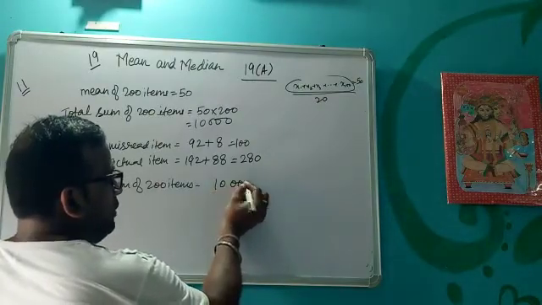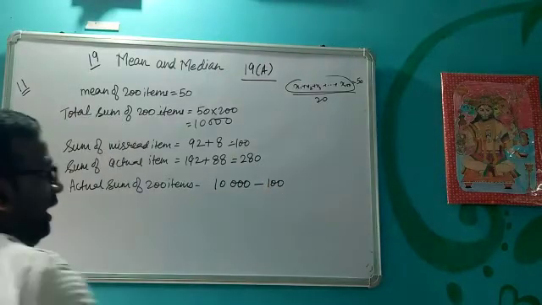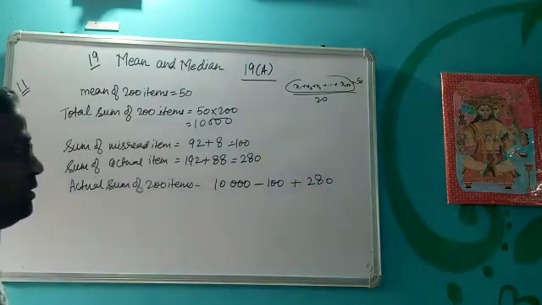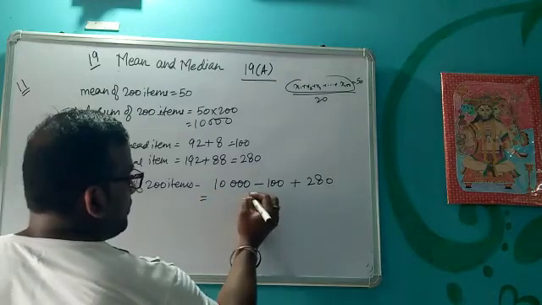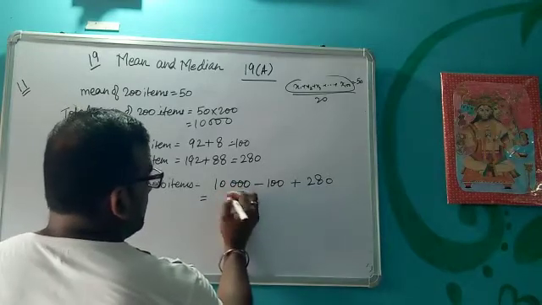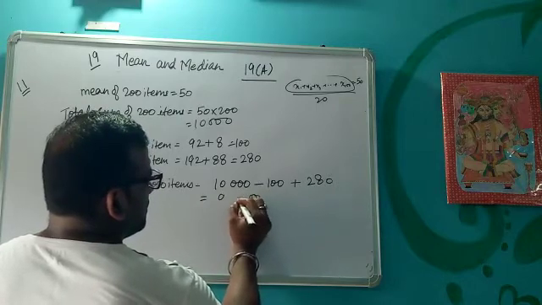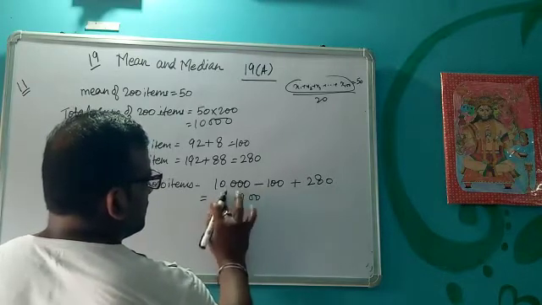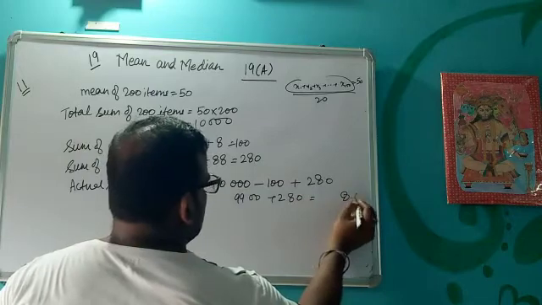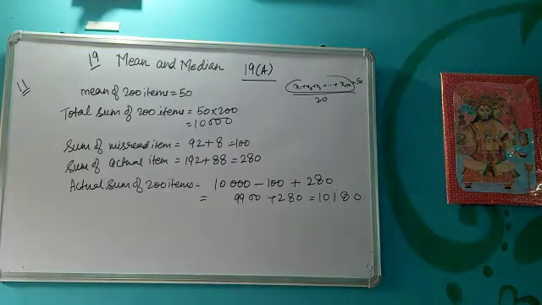From the sum that we have found, we will subtract this error and add the actual value, plus 280, that is 10180.